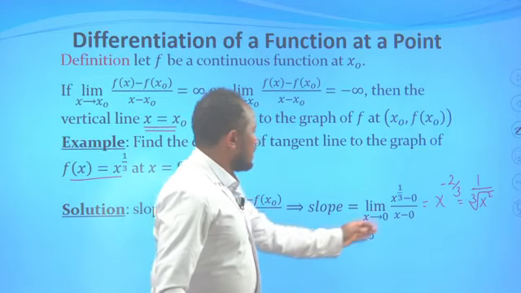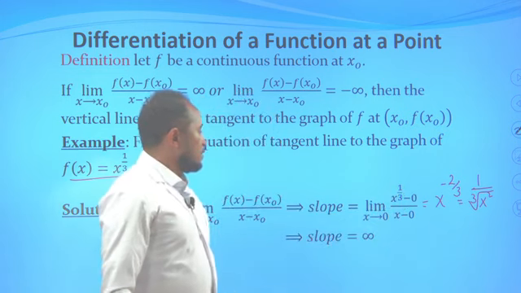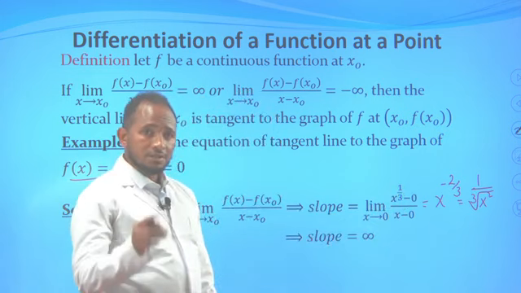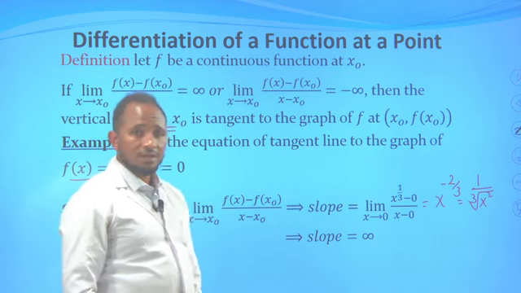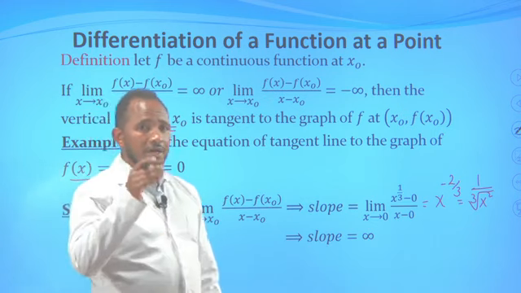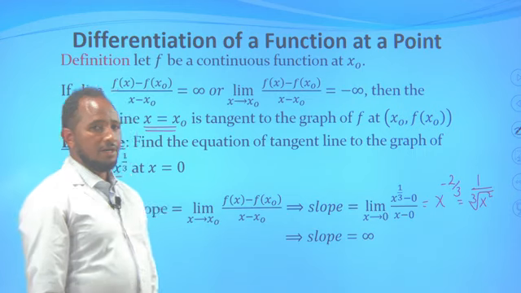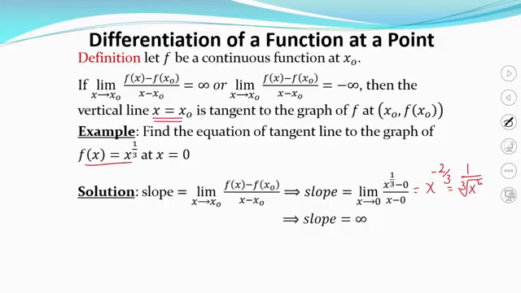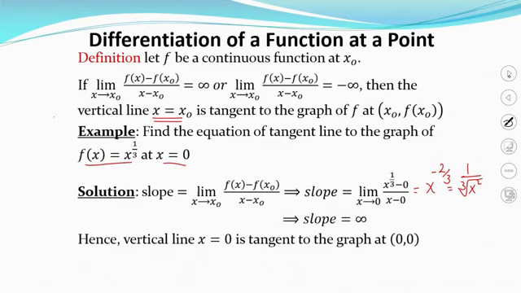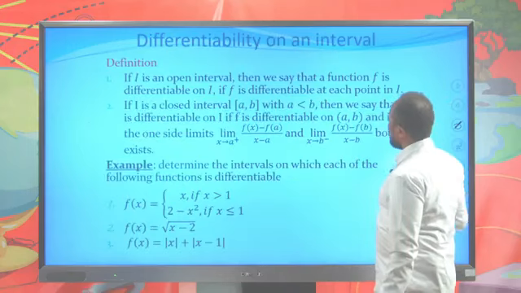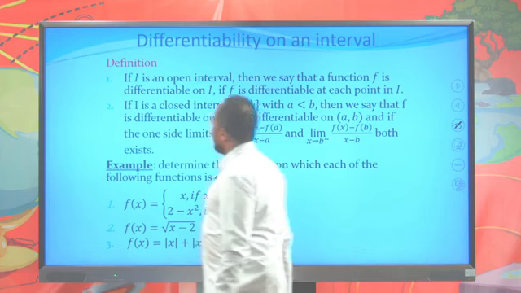Therefore, the limit of this expression is infinity. Since the slope is infinity, the tangent line at this point is a vertical line. So the equation of the tangent line will be the vertical line x equal to 0, which is tangent to the graph at (0, 0).